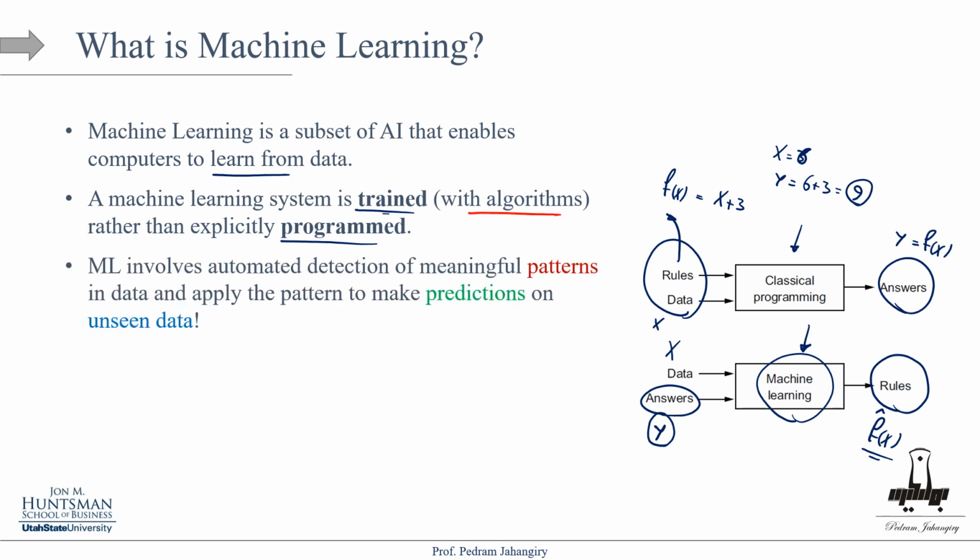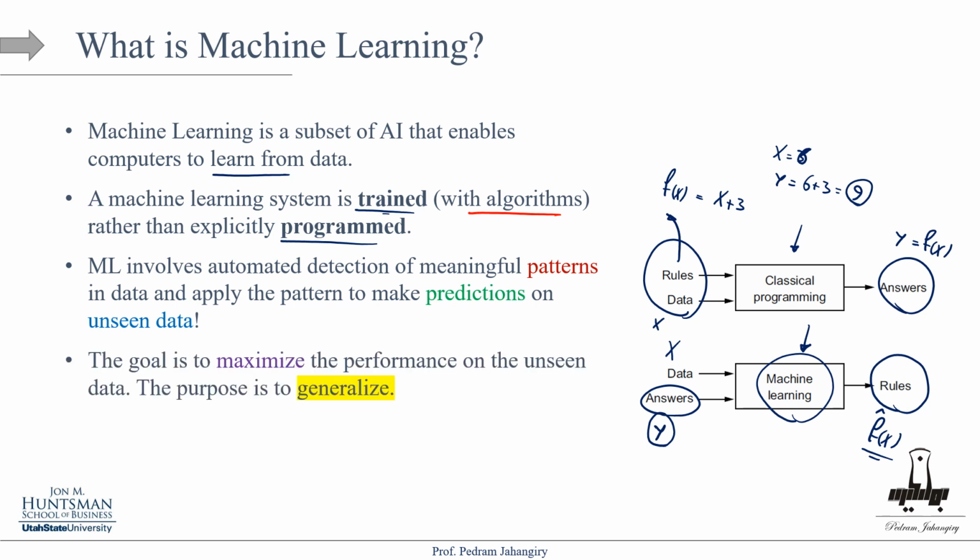Now, machine learning involves automated detection of patterns in the data and applying those patterns to make predictions on unseen data. So the optimal goal in machine learning is to maximize the performance of the model on the unseen data. It's all about generalization: how good your model is at generalizing predictions on something the model has never seen before. That's the optimal goal in machine learning.